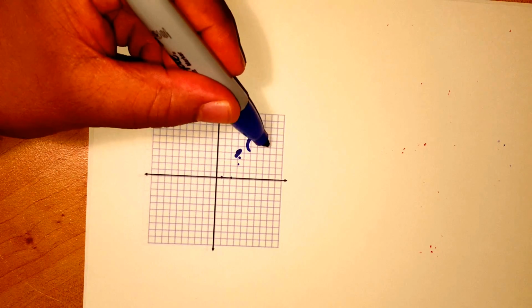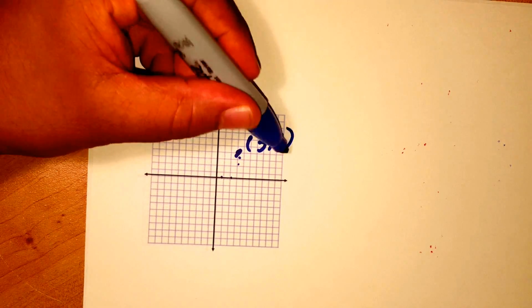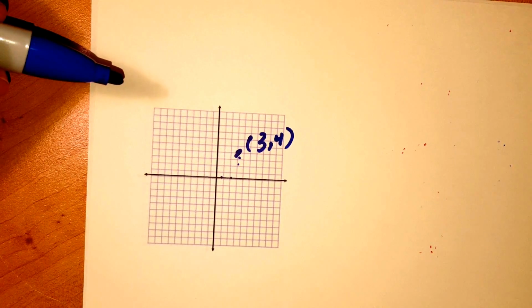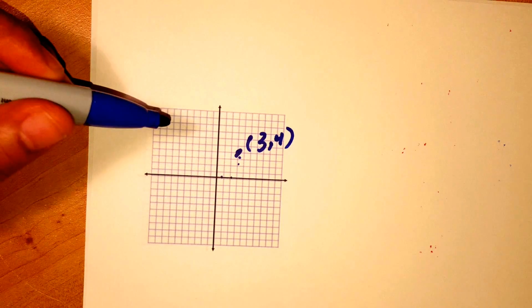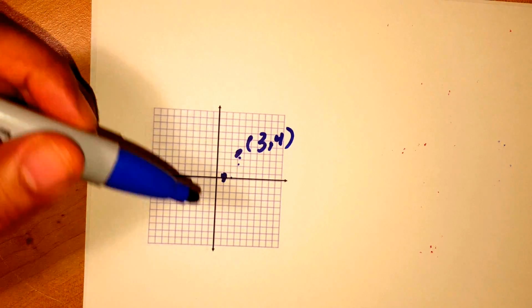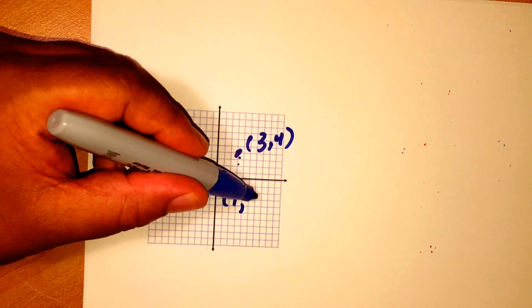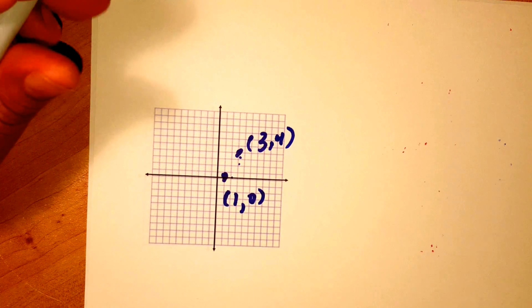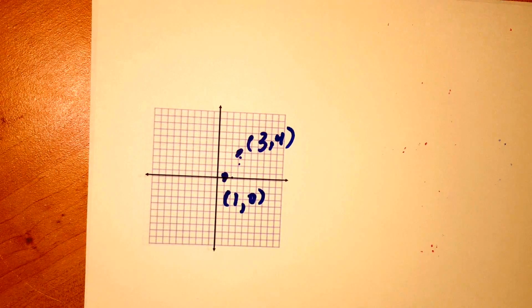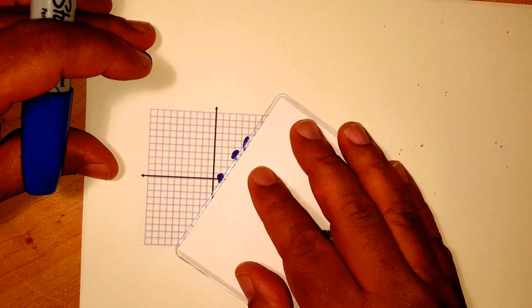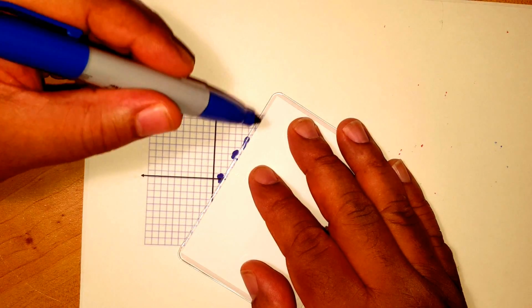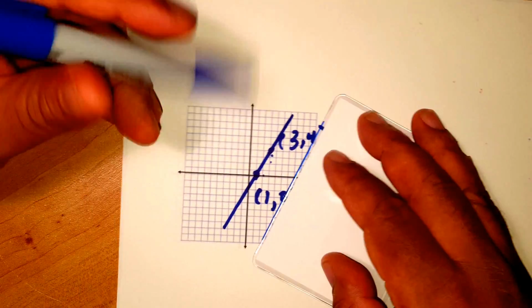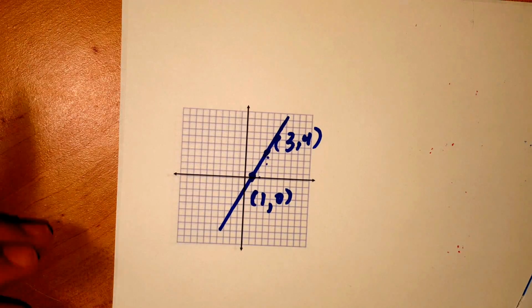So the point (3, 4). And then we can also have the point (1, 0). And we're going to find the slope of the line between these 2 points. Don't laugh at my arrow or my marker.